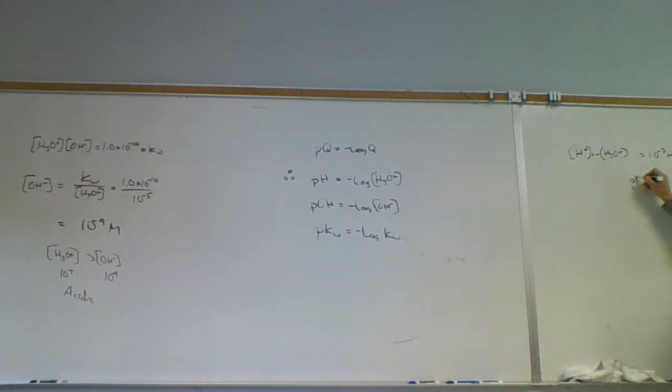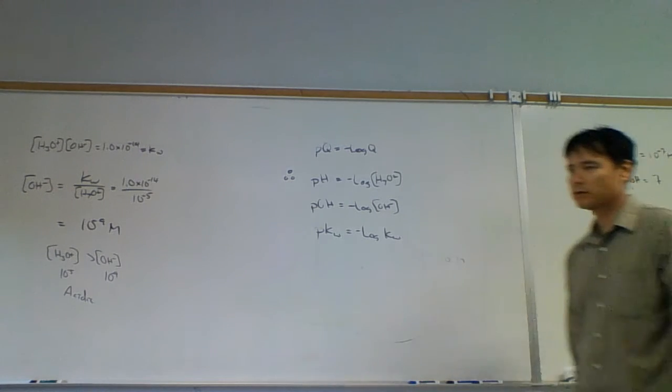Then the pH is the negative power of this, so the pH would be 7. Let's say Kw is 10 to the minus 14. If Kw is 10 to the minus 14, then the pKw is what? 14. So these are power functions we can do.